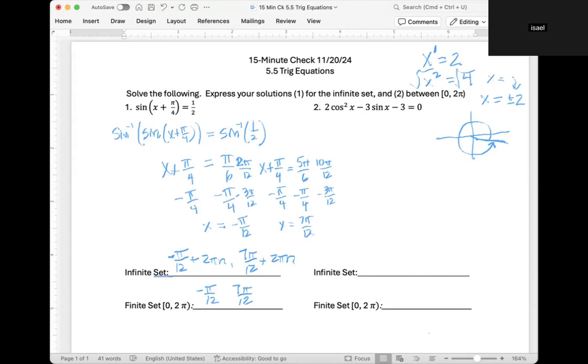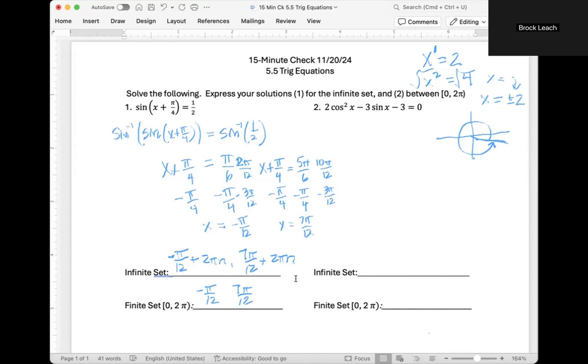But wouldn't there only be one angle, since it's inverse sine and its restriction is pi over 2 to negative pi over 2? Correct. When you're talking about the inverse sine, it just gives us one, pi over 6. That's true.